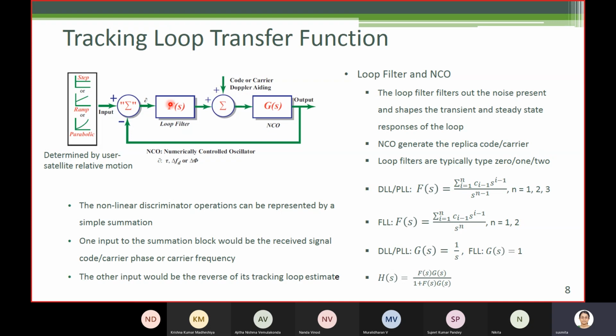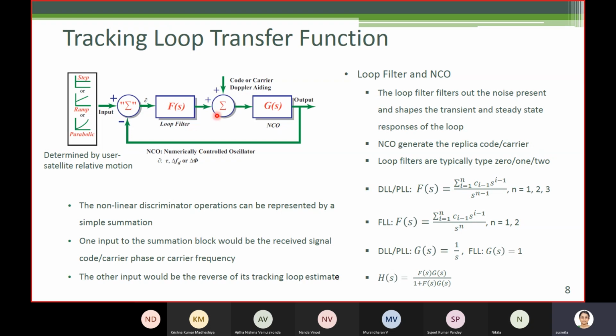The lower the bandwidth, the more will be the noise eliminated. But at the same time, it cannot track the changes fast. To track changes fast, bandwidth should be high. To remove noise, bandwidth should be low. So there is a trade-off. Okay, it has to do a trade-off.